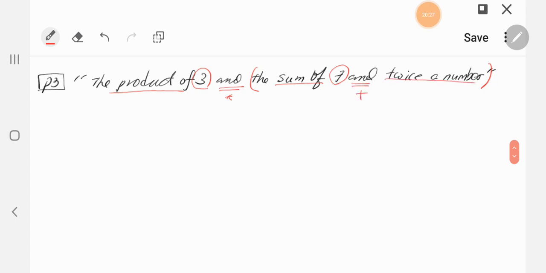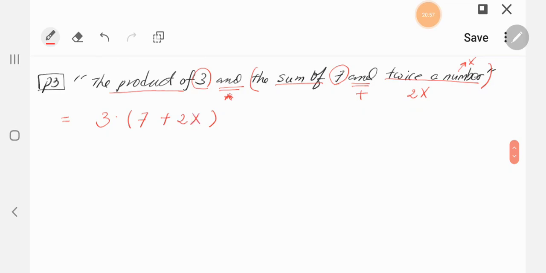And the second expression is twice a number. This number we don't know, so make it a variable x. Twice the number means 2x. All right, so the expression will be the product. The product is a multiplication, right? The first number times the second number. The second number is an addition: 7 plus 2x. Can you see it?